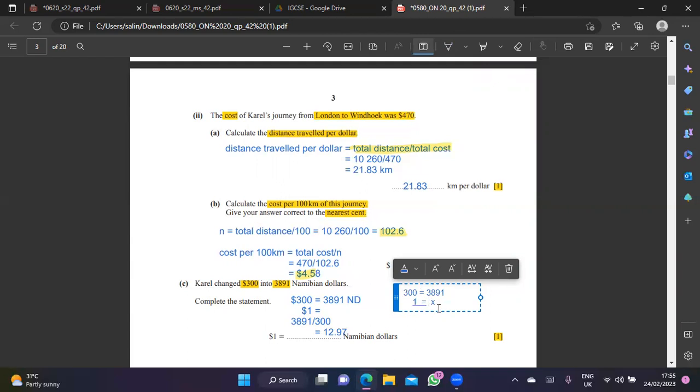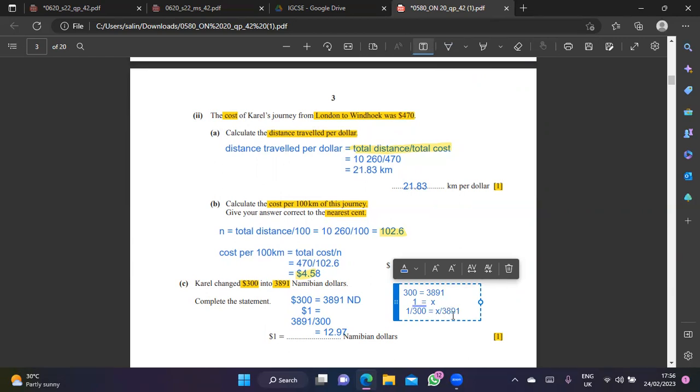X is the one that we want to know. So what we can do is use ratio. We can say that 1 over 300 equals X over 3891.